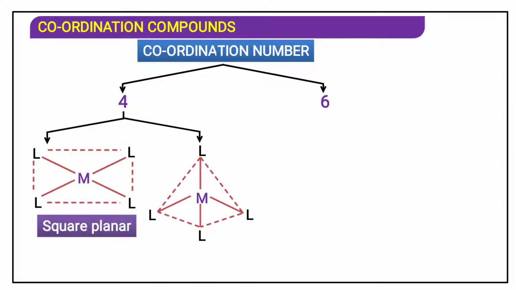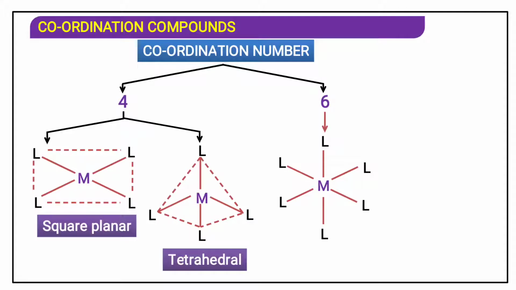With coordination number 6, the geometry is octahedral. These 4 ligands are on the plane, and one is on the top and one at the bottom. From the top it forms a pyramid, from the bottom also a pyramid. There will be 8 faces. That is why it is called octahedral geometry.